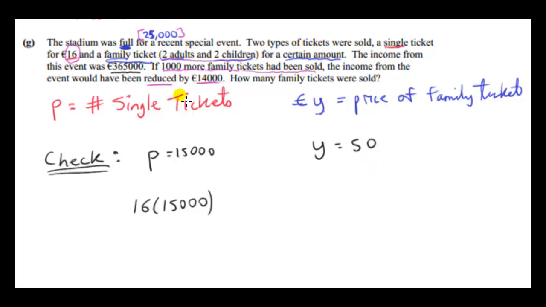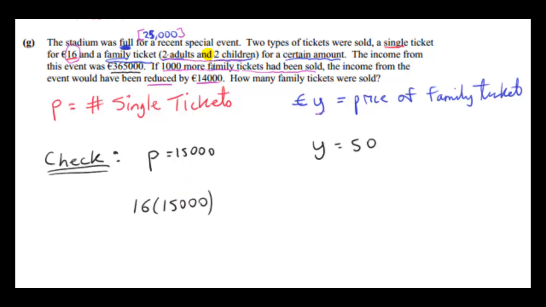Well, the total number of people is 25,000. We have 25,000 people in total minus 15,000 single people. So that's 10,000. So the remaining 10,000 people are families. And the family has size 4, 2 plus 2.